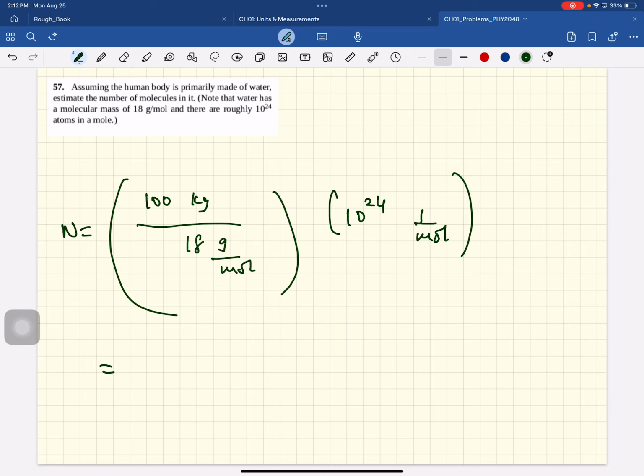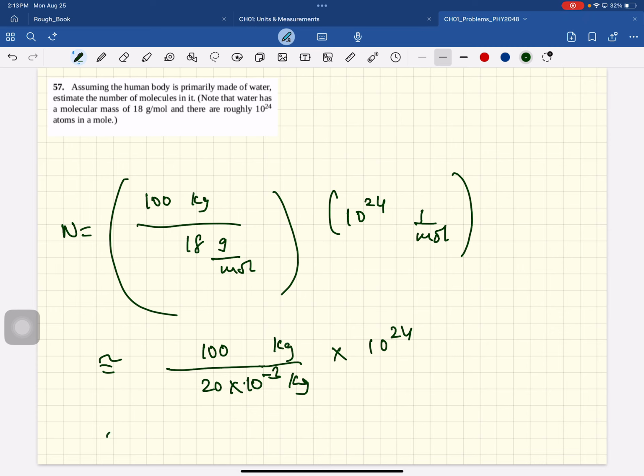All right, so this is 100 divided by, and we'll approximate this, we'll call this 20 times 10 to the minus 3 kg, times 10 to the 24. Okay. And the kg cancels with that kg, and the mole cancels.